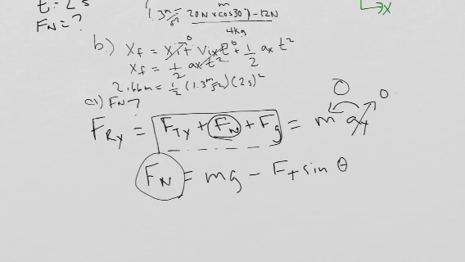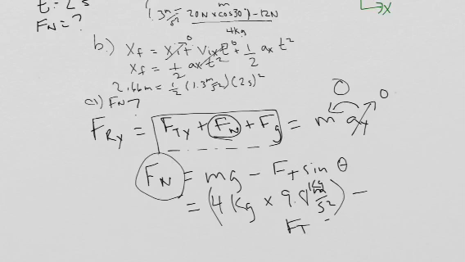And that ends up breaking down to the positive 4 kg times 9.8 meters per second squared, in kilogram meters per second squared, which will give you a number. Now all of this minus the breakdown of Fty, which is Ft sine theta, or 20 newtons sine 30 degrees.